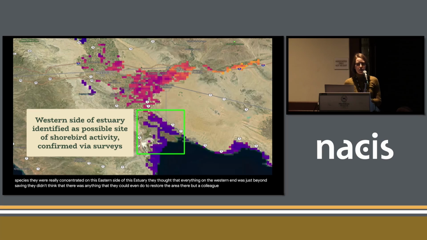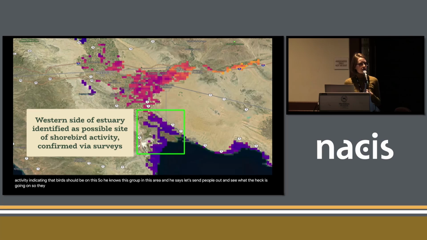But a colleague of mine, who's kind of an expert in this area, pulled up Shorebird Viz and said, that's really interesting. For several different species, we're actually seeing quite a bit of activity indicating that birds should be on this western estuary. So what's going on? He knows this group in this area, and he says, let's send people out and see what the heck is going on.